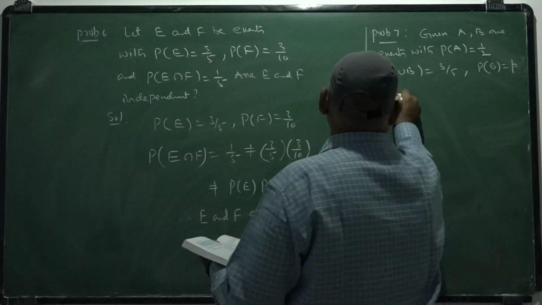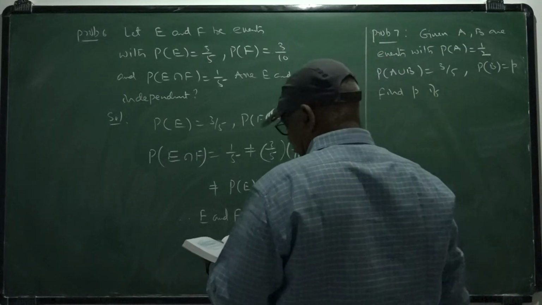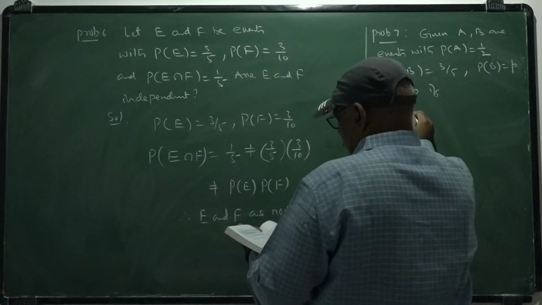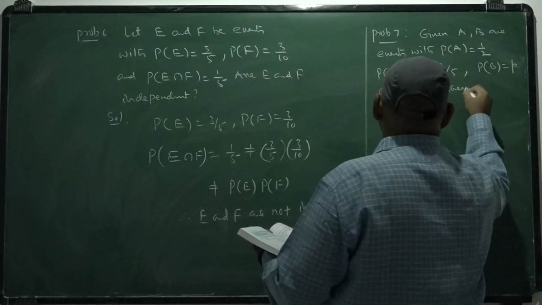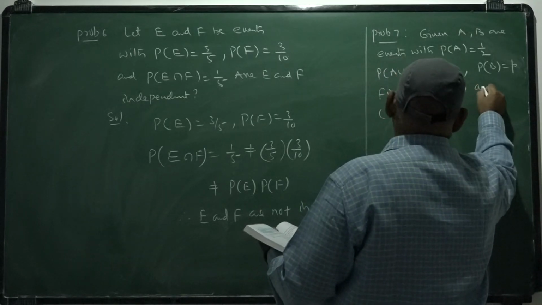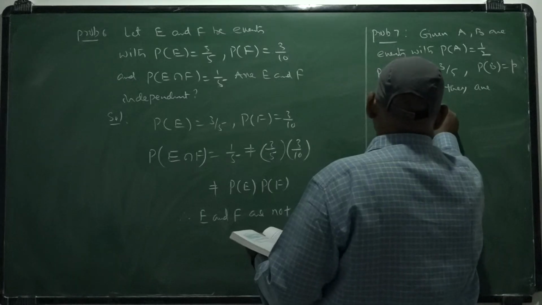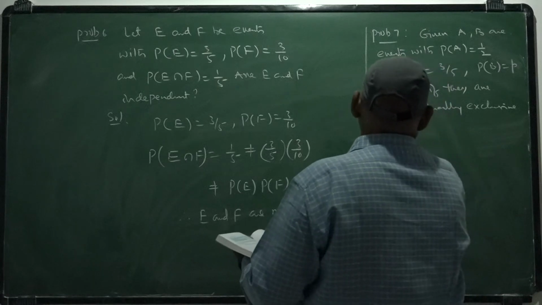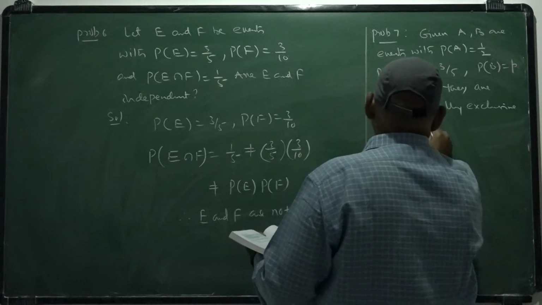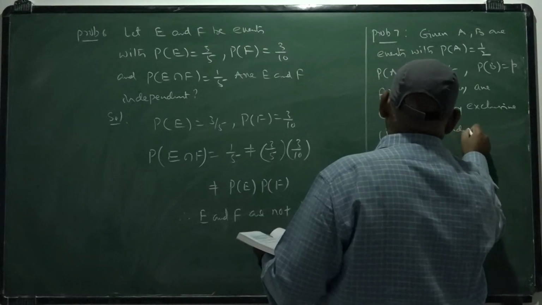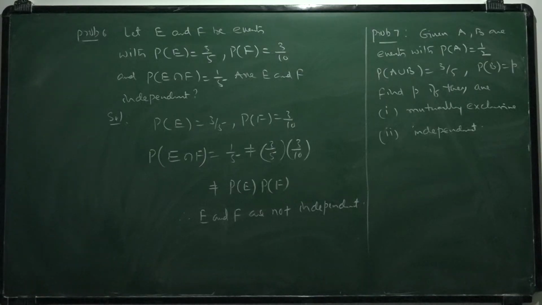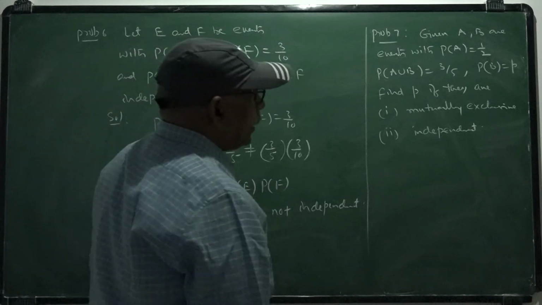Find p if they are mutually exclusive. The second case is independent. Once they are mutually exclusive, we have to find p. In the other case, once they are independent, we have to find p.